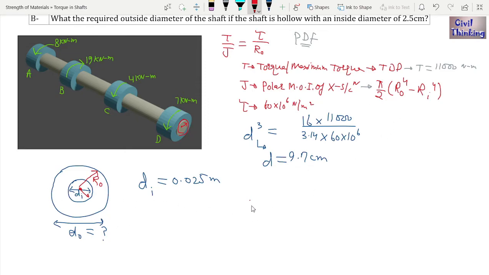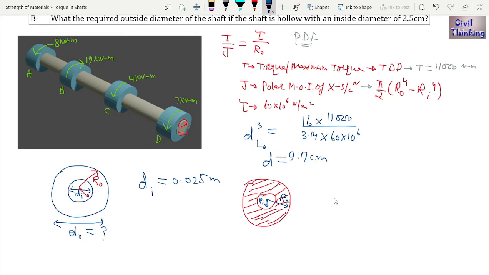Let me draw it again here. This is r outside, this is r inside, okay?